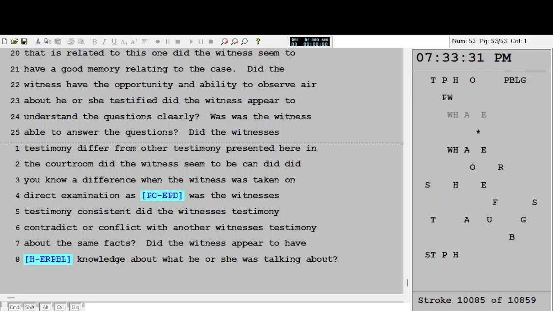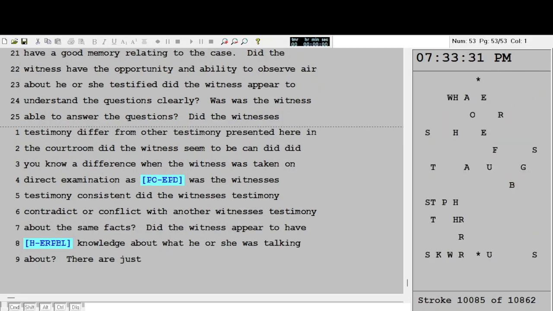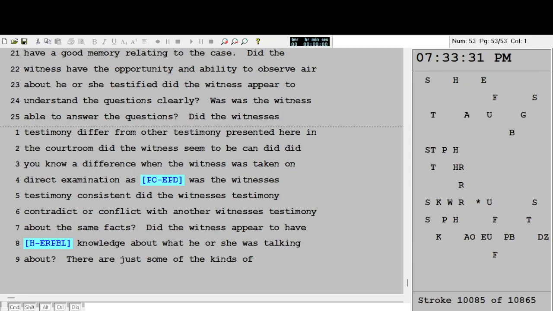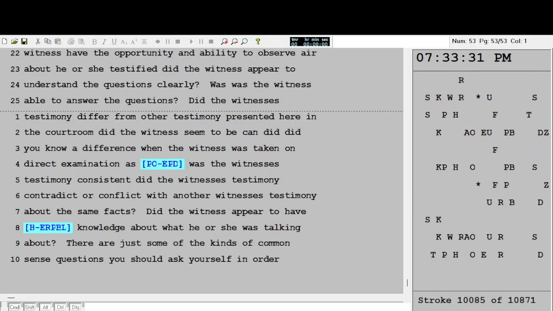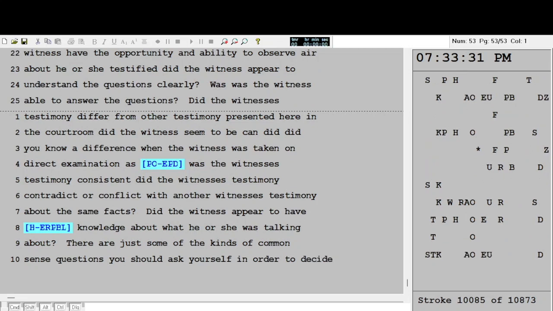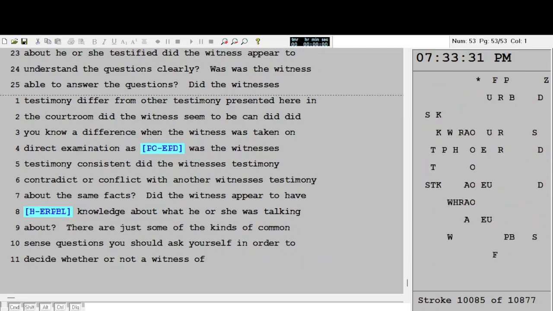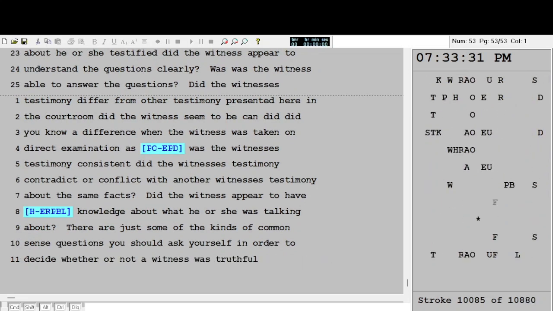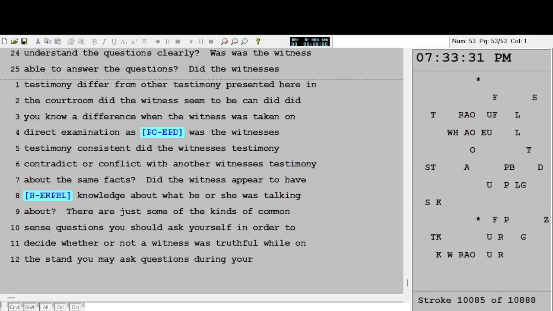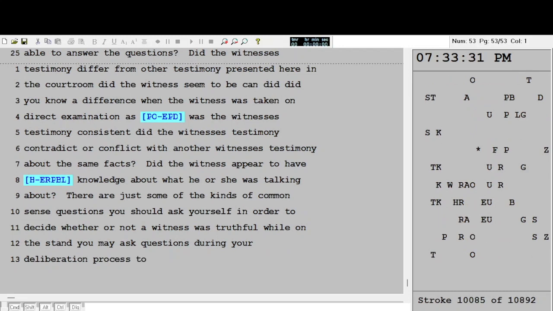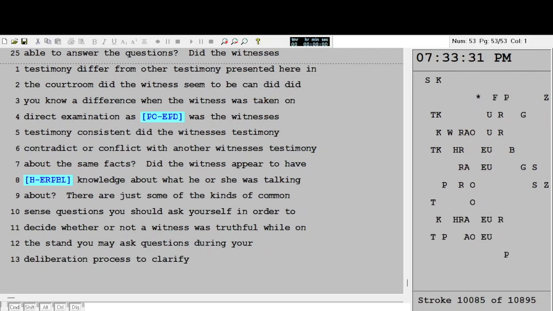These are just some of the kinds of common sense questions you should ask yourself in order to decide whether or not a witness was truthful while on the stand. You may ask questions during your deliberation process to clarify or update a situation if need be.